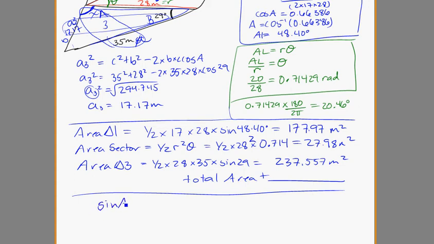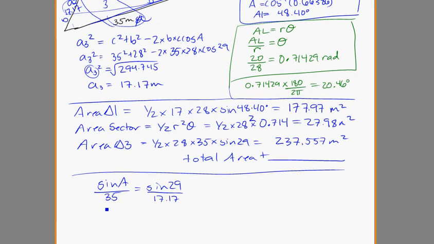Sin A over 35 is equal to sin of 29 over 17.17. And then we want to go sin A is equal to sin 29 times 35 over 17.17.